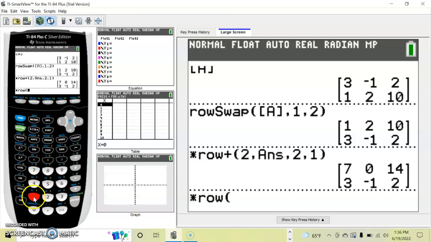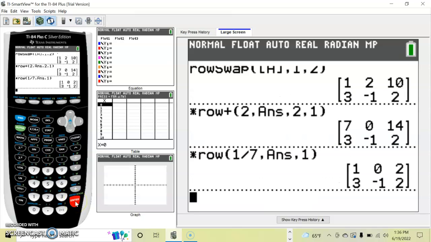So first you put in the constant, what I'm multiplying by is 1/7, then a comma, the matrix that you want to do this operation to, which is going to be the last matrix that I edited, so answer. And then what row you're multiplying 1/7 by, and that's row number 1. Okay, so now we've got the first 2 entries here looking like the identity.